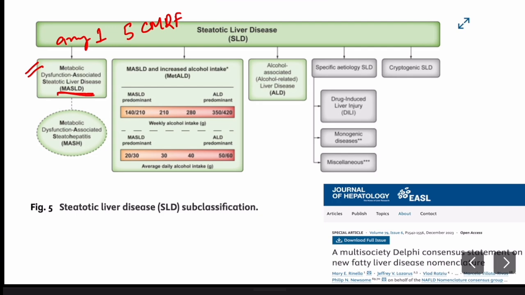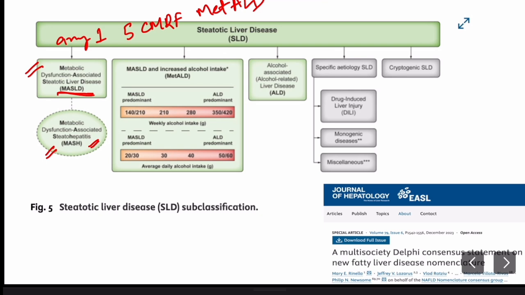Now MASLD in its progressive form is known as metabolic dysfunction associated steatohepatitis, or MASH. So MASLD can progress to MASH. Now we come to the next category, which is a new category. The category is known as MetALD. These are the patients who have one of the 5 cardiometabolic risk factors. Along with that, they also consume some amount of alcohol, which is defined in this category.